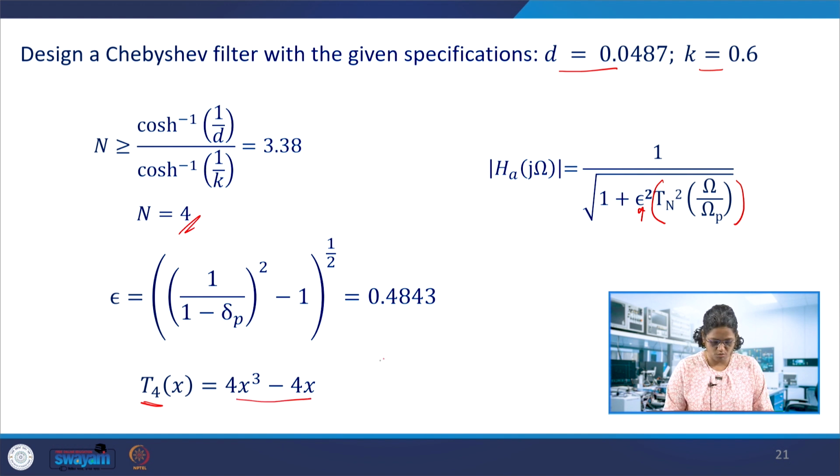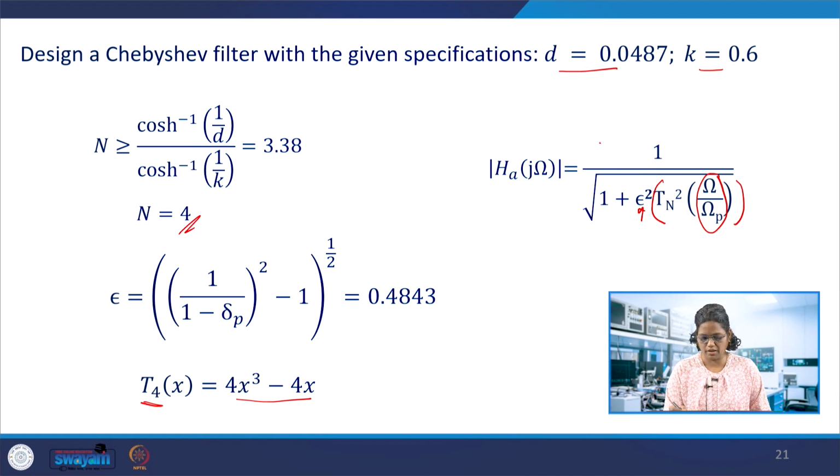So what is x over here? x is omega by omega p. If you substitute x as omega by omega p and get the expression in terms of omega by omega p instead of x, and square it, that would be the polynomial expression. Multiply this with epsilon square, which is 0.4843, and take the root to give the magnitude response.